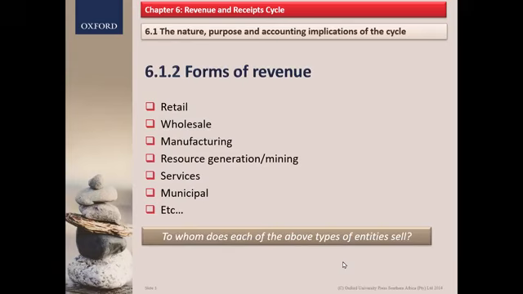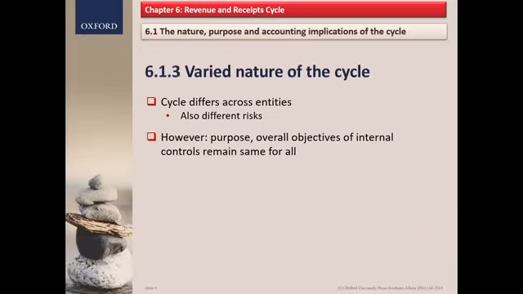So now the question comes, to whom does each of the above entities sell? We have explained that. Then we look at number 6.1.3, the varied nature of the cycle. This particular revenue cycle will differ from entity to entity, but the control objectives for this particular cycle will remain the same whether you are a different company or not.